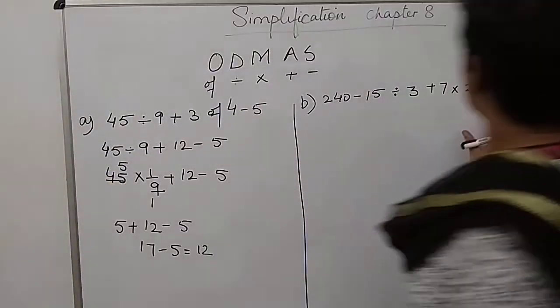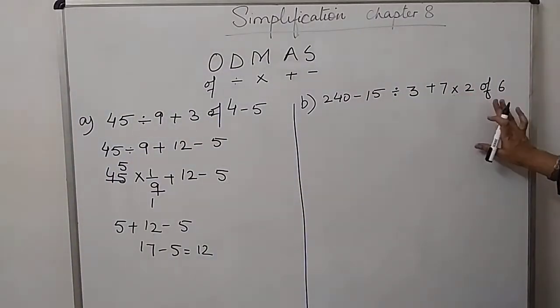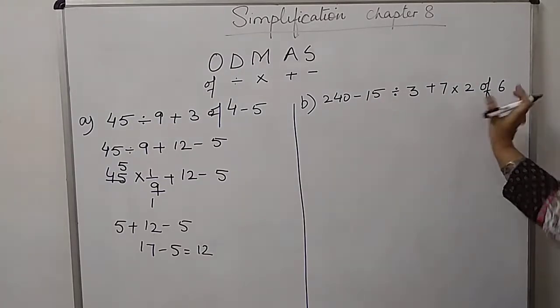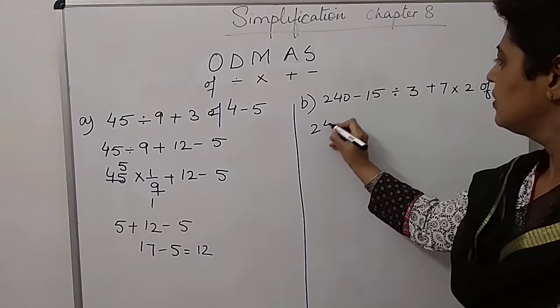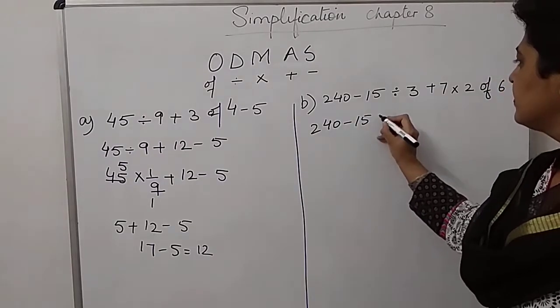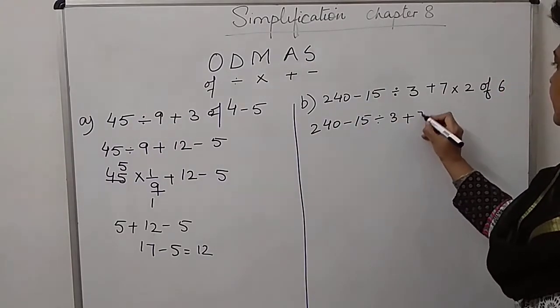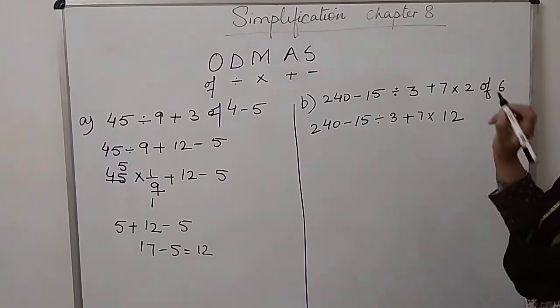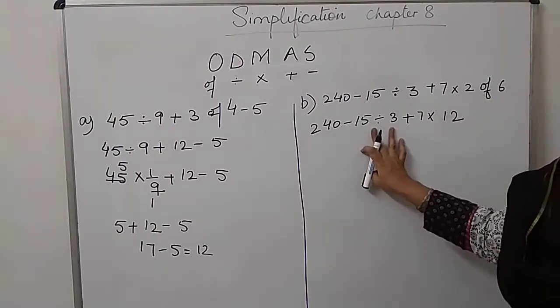Now, again, we have multiply here, of also, division, minus. We'll be starting with of. 2 of 6 is 12. Now comes the turn of division.